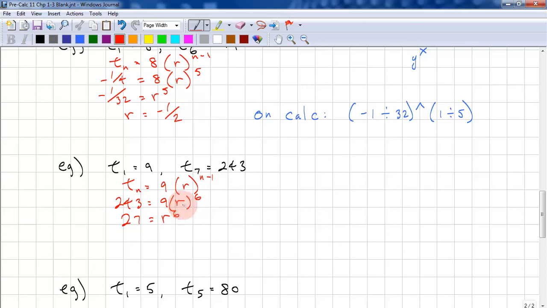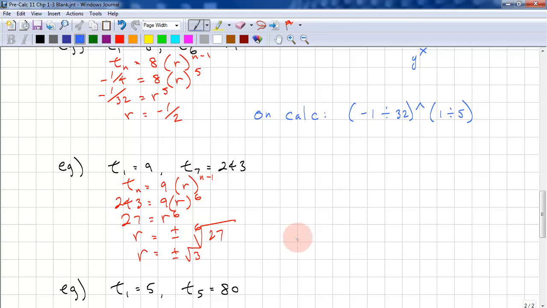Once you have r isolated by itself, we don't need the brackets here. You can just take the brackets out. Okay, and now we have r equals plus or minus the 6th root of 27. So r equals plus or minus square root of 3.